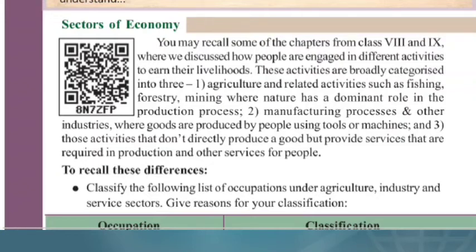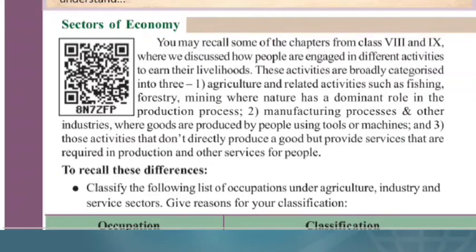And sectoral goods. What is known as sectoral goods? The set of goods and services produced in a particular year, namely primary, secondary or service activities, are known as sectoral goods.